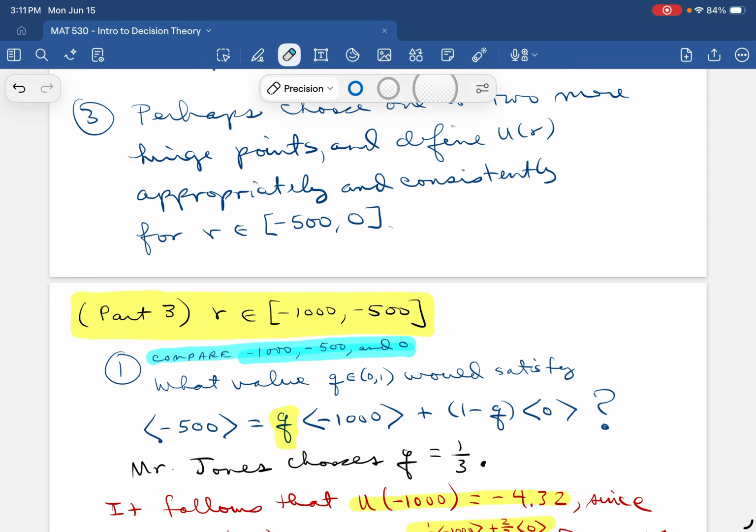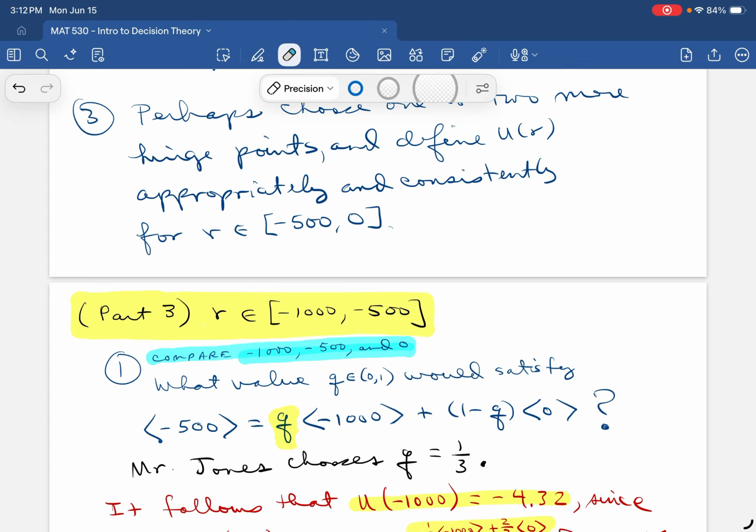What value of little q would he require in order to value this 50-50 gamble of losing $1,000 the same as the occurrence of losing $500? We're going to assume here that he chose q equal to 1/3. So he would consider a 1/3 probability of losing $1,000 versus a 2/3 probability of losing nothing to be the same as the situation where he loses $500 for sure.